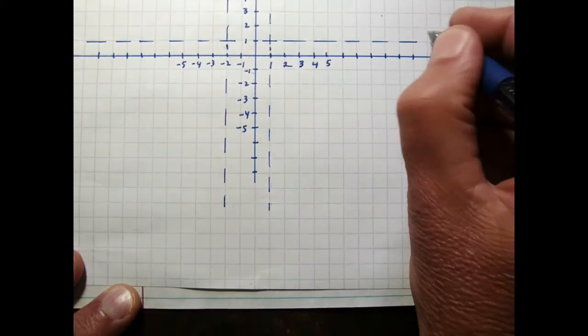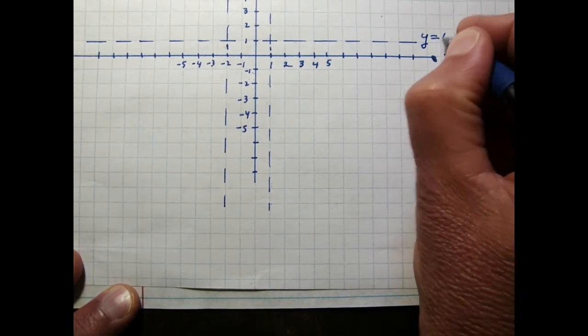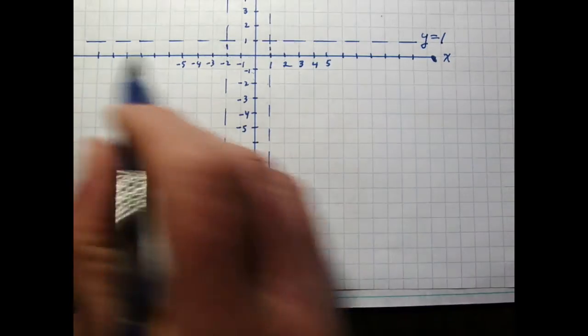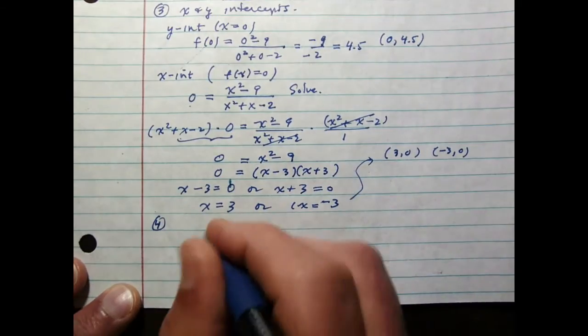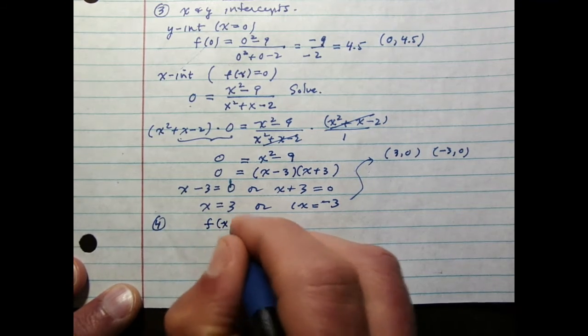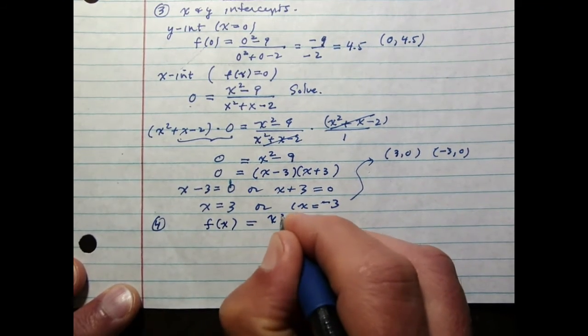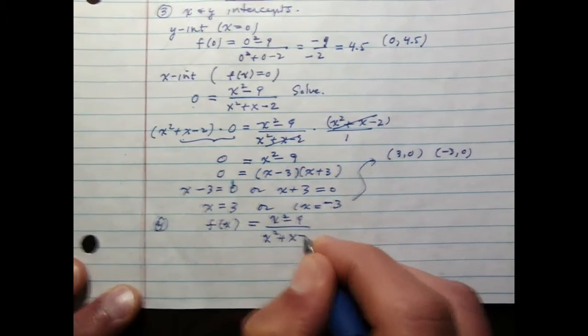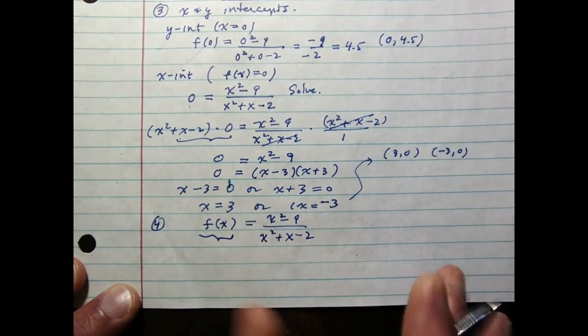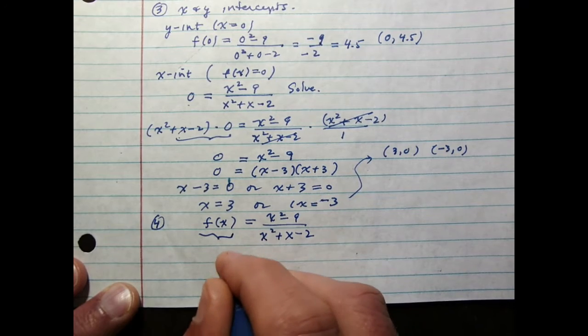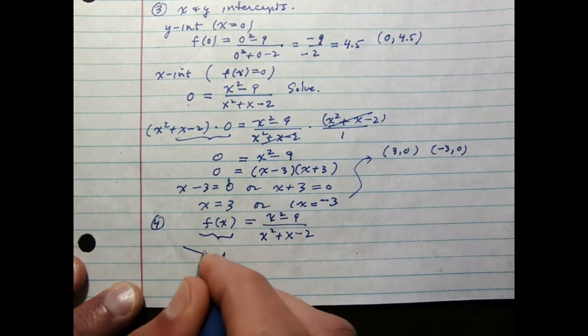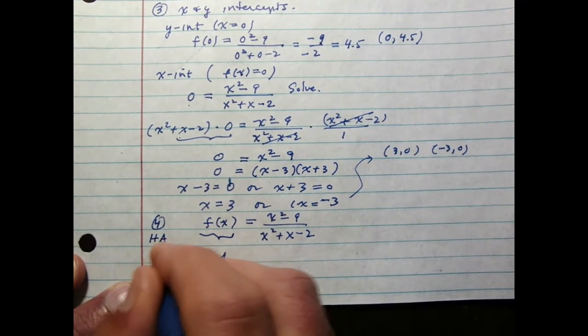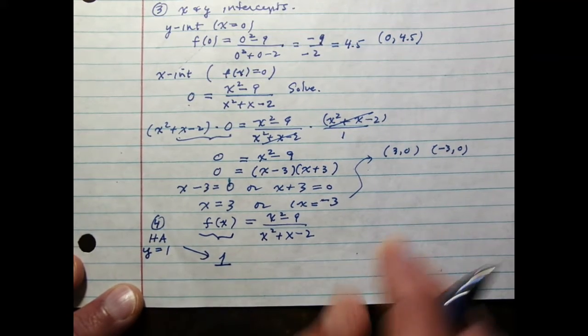Our horizontal asymptote is y equals 1. And so it's that y value of 1. So I'm going to take my function, f of x equals x squared minus 9 over x squared plus x minus 2, and I'm going to set the function equal to 1. So that's from my horizontal asymptote, y equals 1.